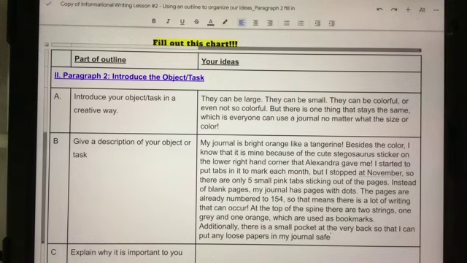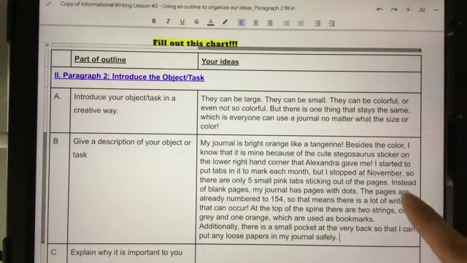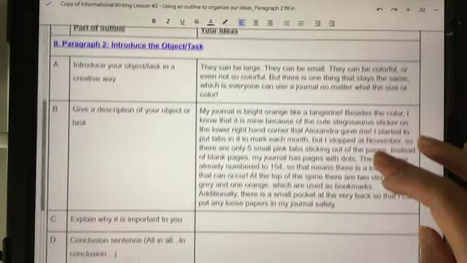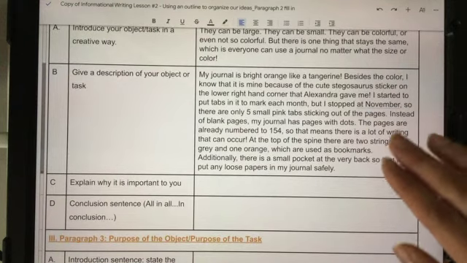Not safety, safely, period. Okay. Although you guys know I don't even use the pocket. I just stick the papers in the journal and the papers get kind of messed up.